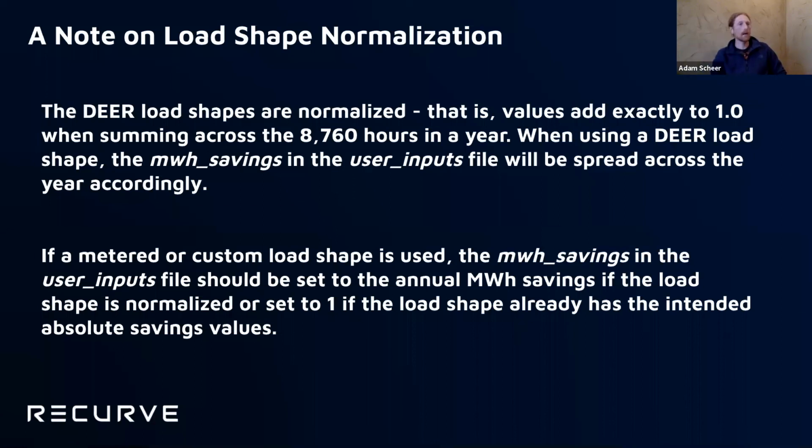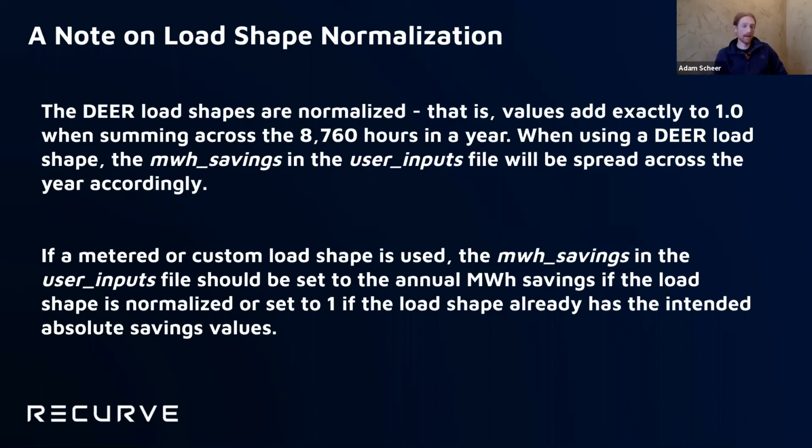In FLEXvalue, you can provide normalized load shapes, in which case in that savings column, you would just use it the same way you would use the CET. Or alternatively, you can put in a load shape that's not normalized that actually has the values, you know, across those 8760 hours that you're intending.